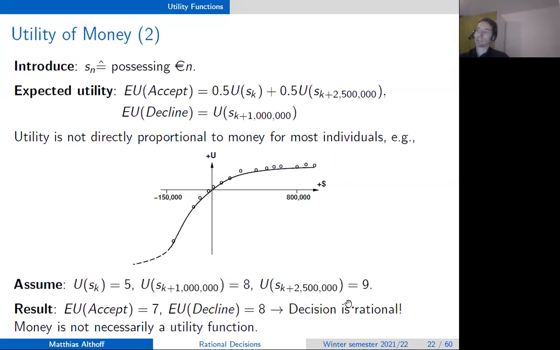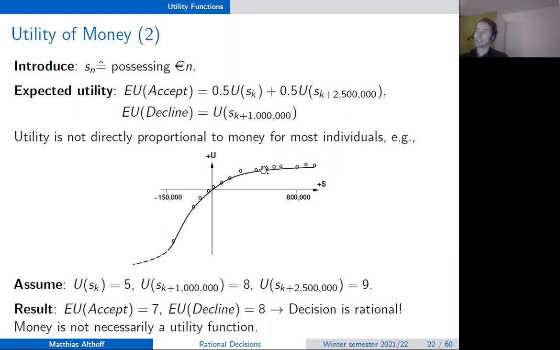Also, what I have to say is that this utility curve with respect to money is different for different people. So those who want to get the 2.5 million, they probably get even happier, or the curve stays longer in a rather straight upward trajectory.